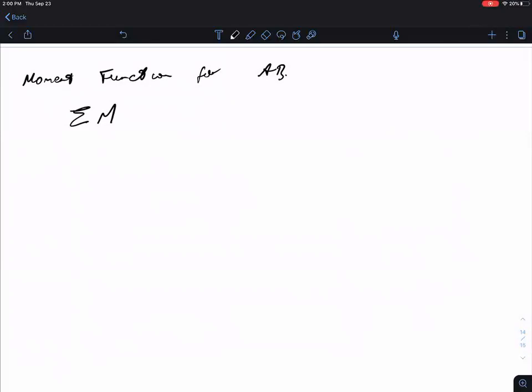So let's just call that sum of moments about the location x1. So we get M1 is equal to minus P over 2 x1. And this equation applies for x1 between 0 and 2a, right? Because again, this moment function only applies between A and B, and the distance between A and B is 2a.